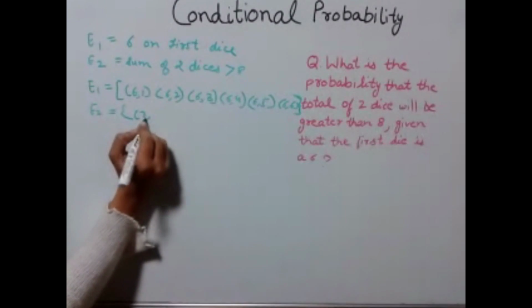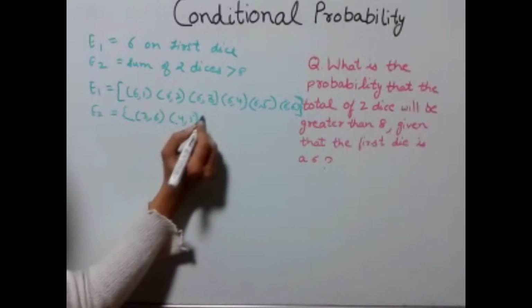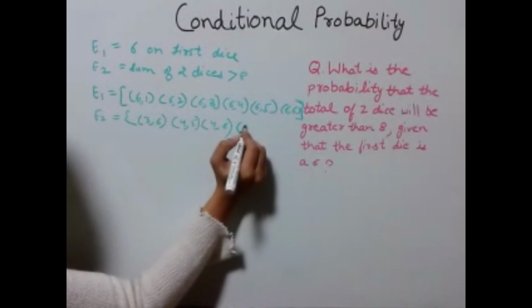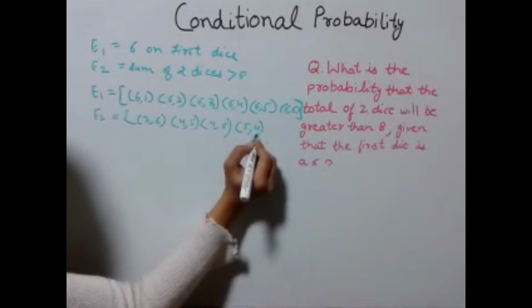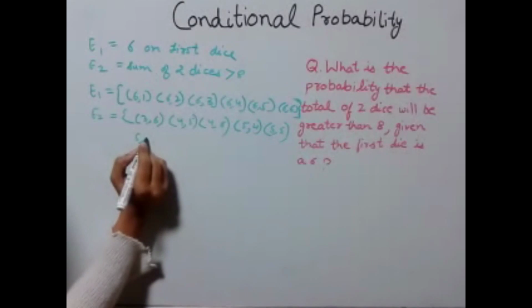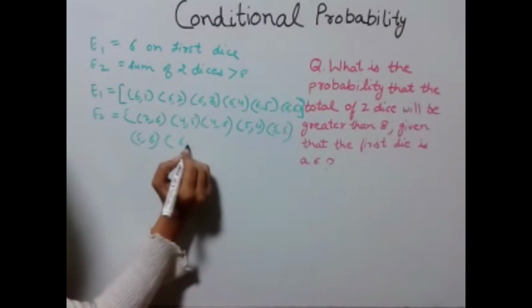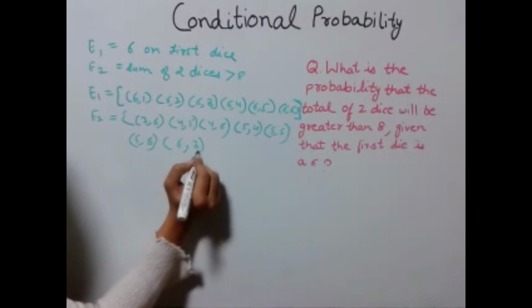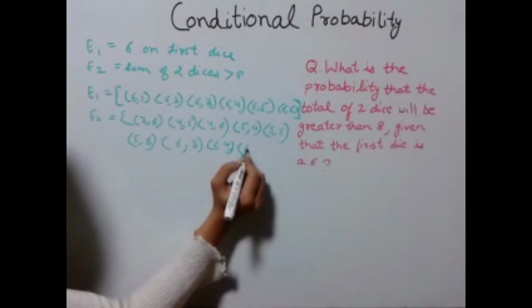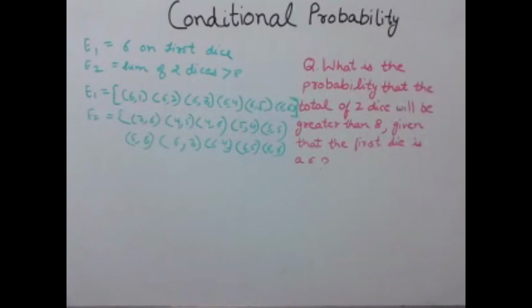It will be equal to 3,6, then 4,5, 4,6, then 5,4, 5,5, 5,6, and then 6,3, 6,4, 6,5, and then 6,6.